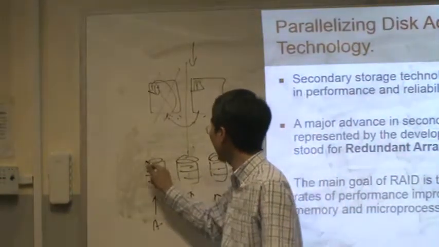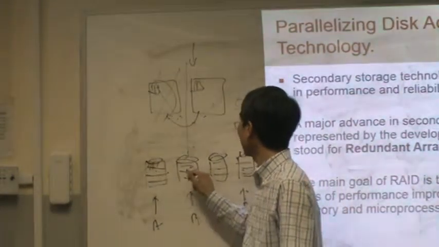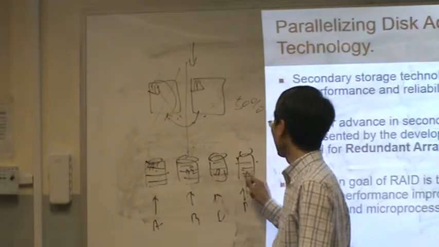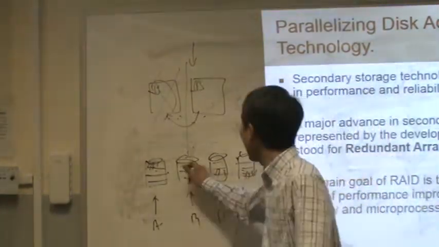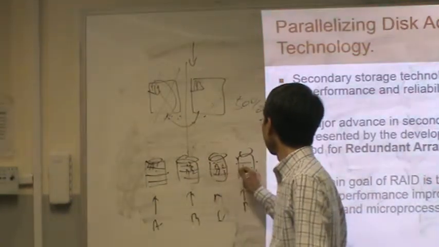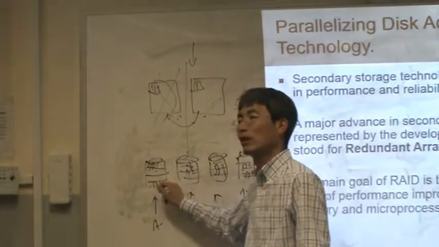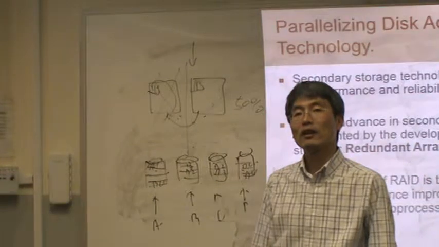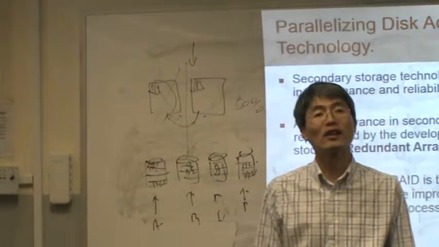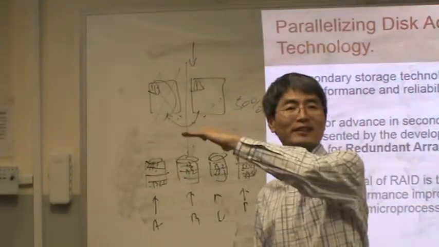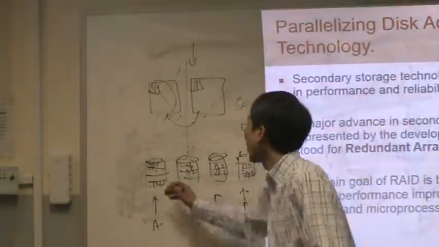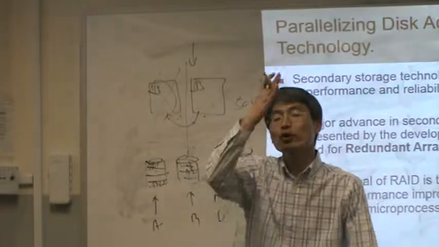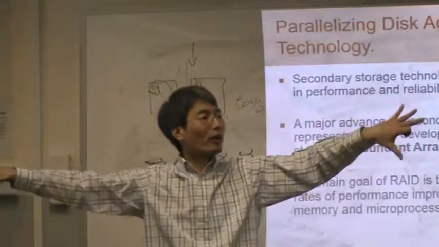So we put the A file as A1, A2, A3, A4, and also B1, B2, B3, B4. This is called the striping technique. Striping means you do not store the data on one hard disk drive; you segment and spread it out.